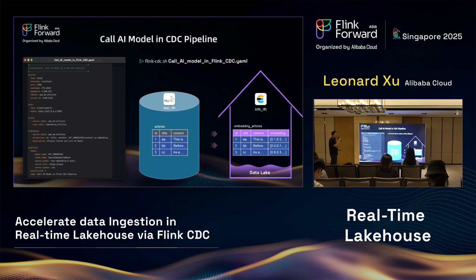In this way, in your downstream Elasticsearch table, you'll find the embedding vector will be generated and written to downstream Elasticsearch. Once you have the embedding vector, if you want to search for similar articles in Elasticsearch, you can use the embedding vector.